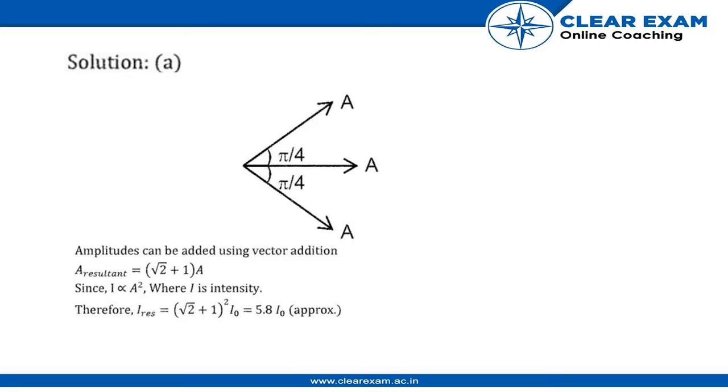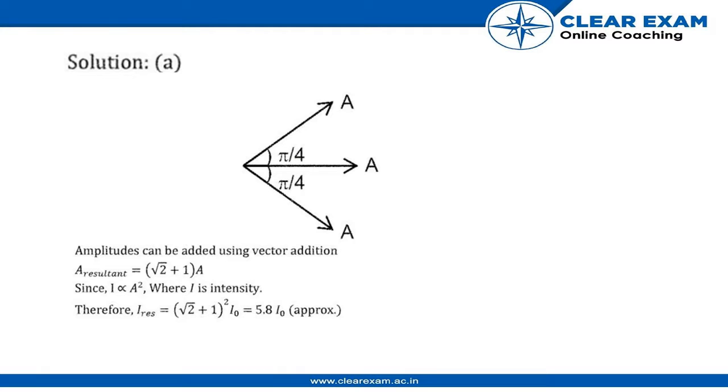This we have done in class 11, so it's the basics. So the A resultant is equal to (square root of 2 plus 1) times A, and as we know, intensity is directly proportional to the square of the amplitude.